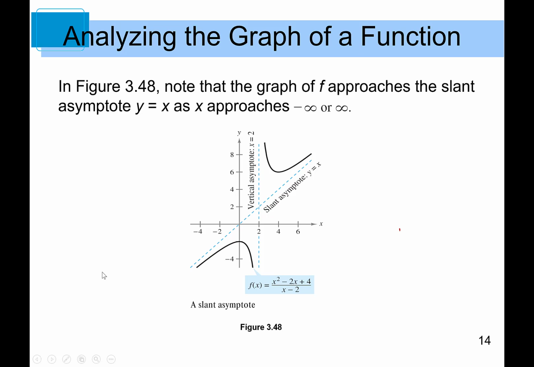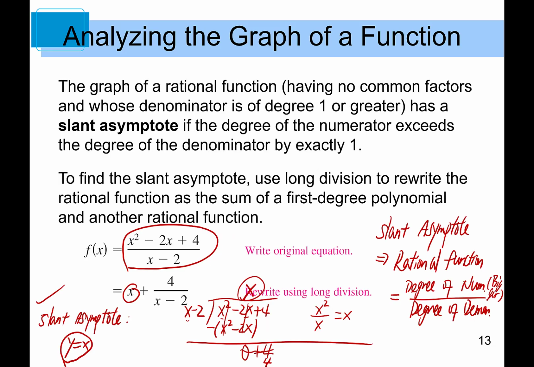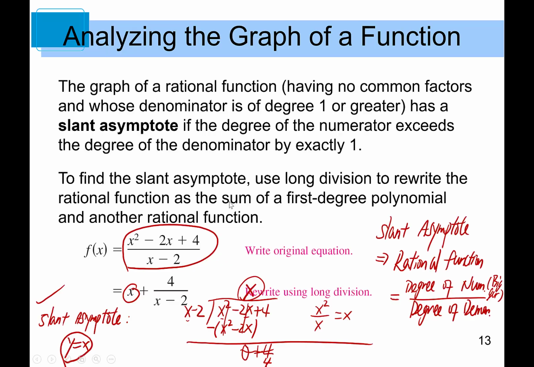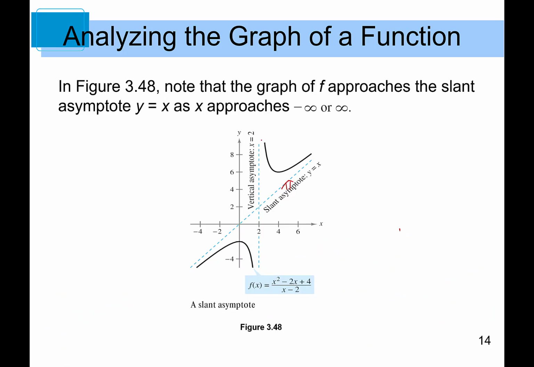When you graph it, this is our graph, and as you can see, the slant asymptote is right there. For the vertical asymptote, you set x minus 2 equals 0, so x equals 2 is the vertical asymptote. That's the slant asymptote. As you can see, these two asymptotes split the plane into 4 different regions.